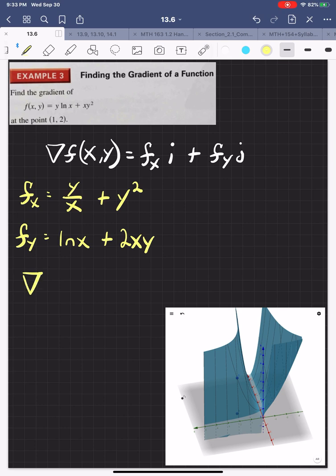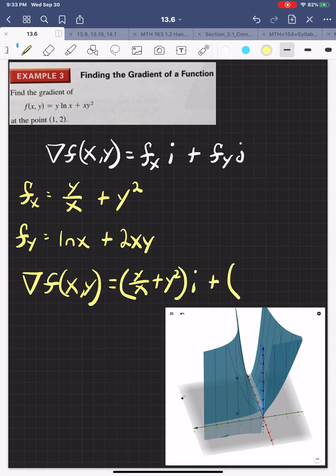So the gradient of f is simply y over x plus y squared in the i direction plus ln of x plus 2xy in the j direction.